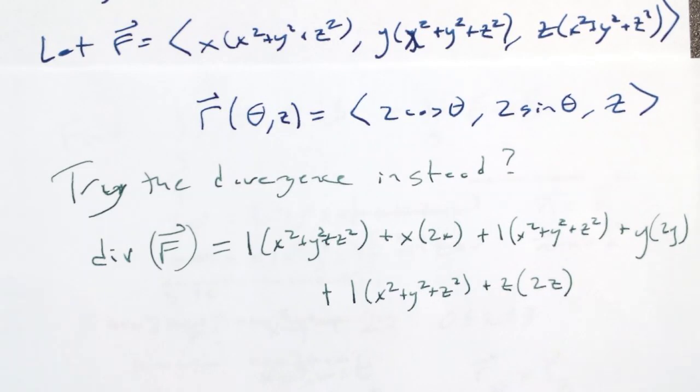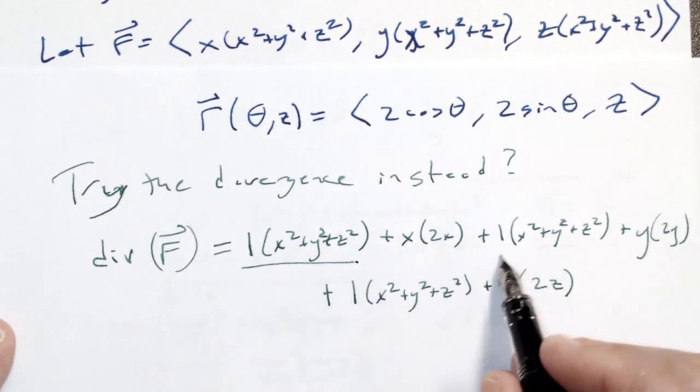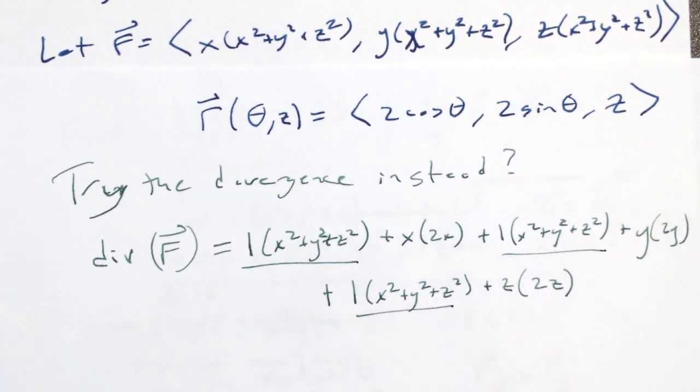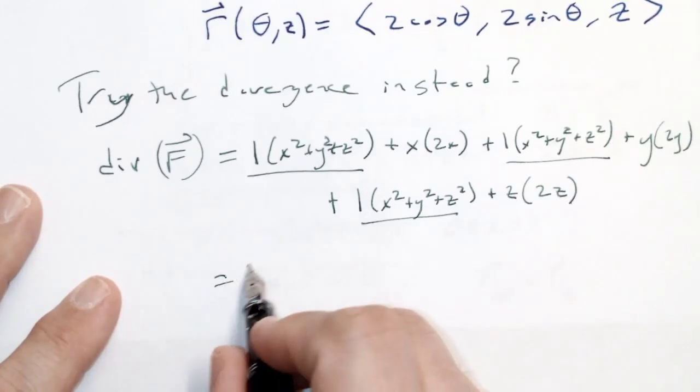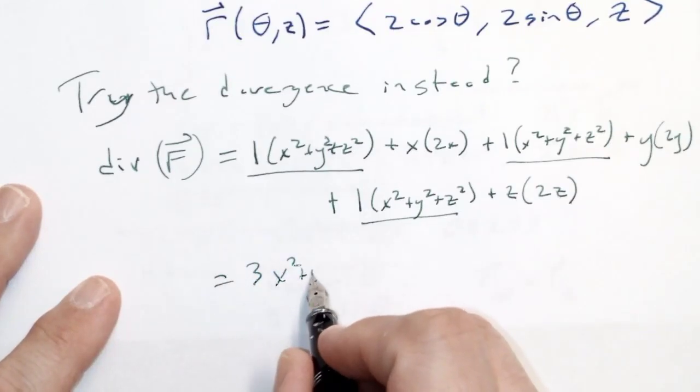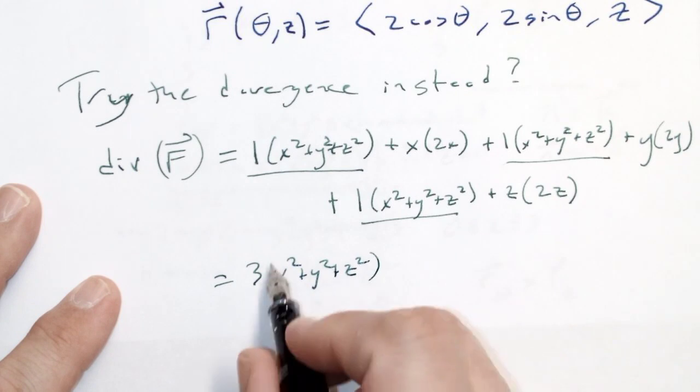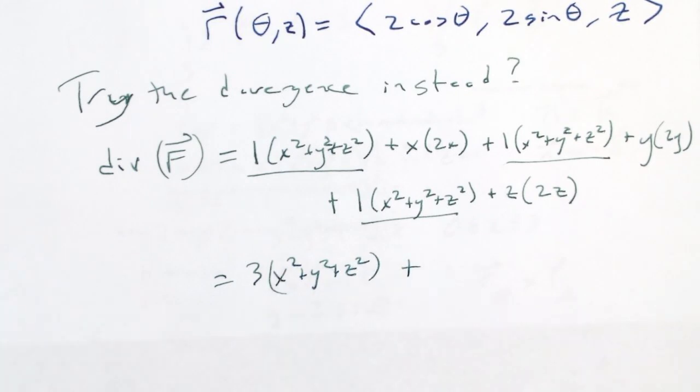Please notice I have the same thing 3 times. I have x squared plus y squared plus z squared, 3 times. So that's 3 times x squared plus y squared plus z squared, plus what's the rest of it?